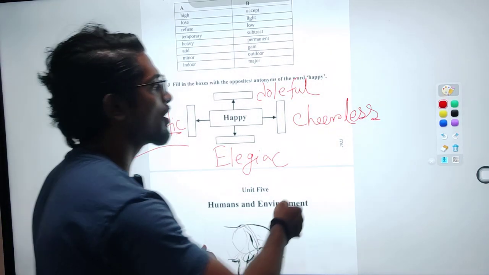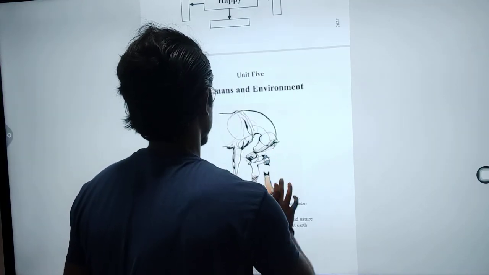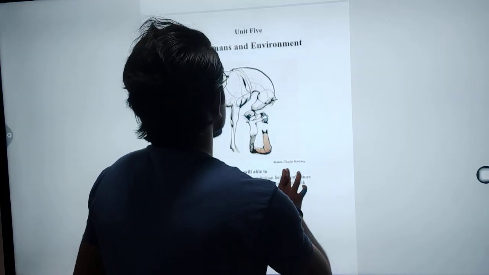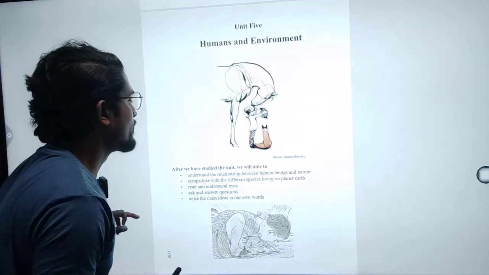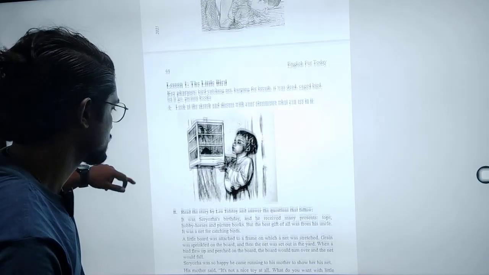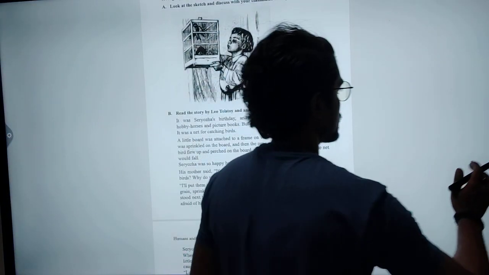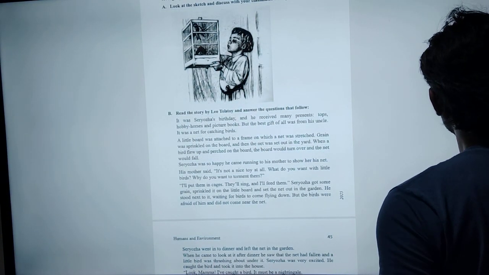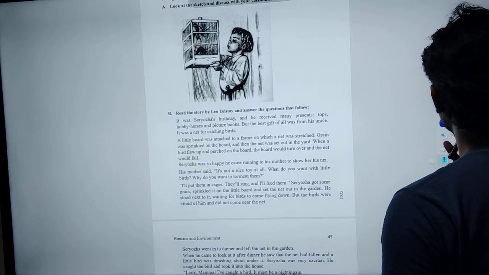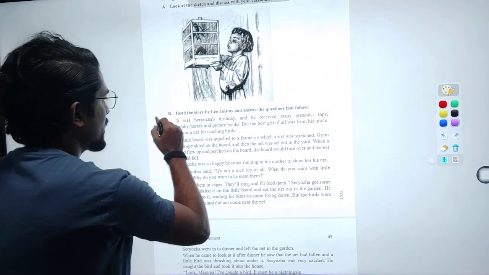Okay, let's move on to the next chapter. So, humans and environment. Let's see, the little bird. Okay, so let's start.